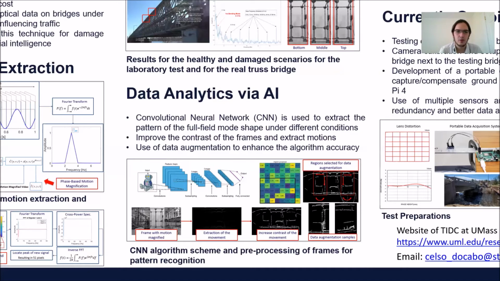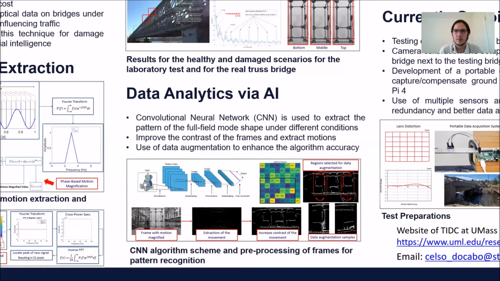So the convolutional neural network takes a big sample of images and then divides those images in many matrices, and tries to find a pattern between them.